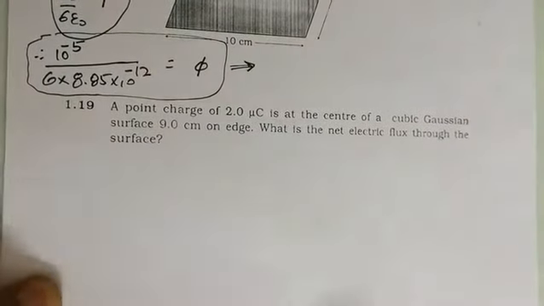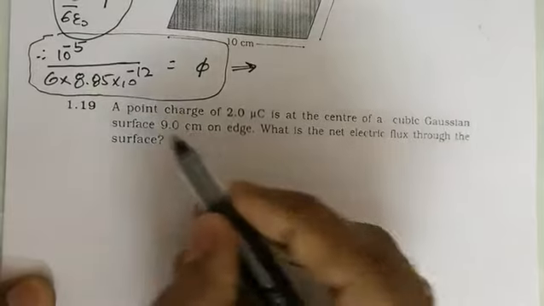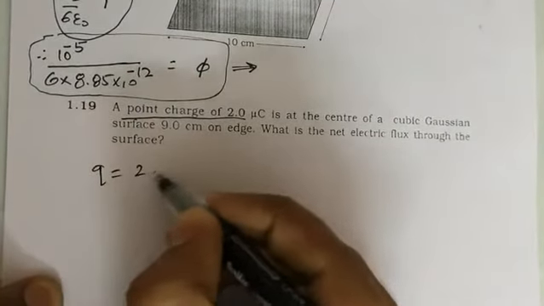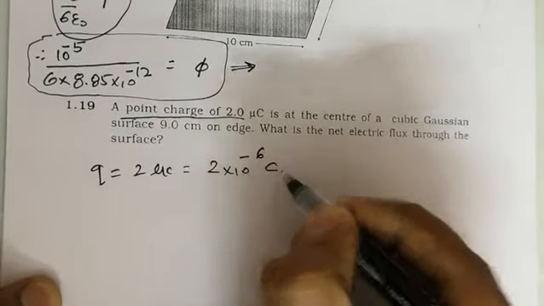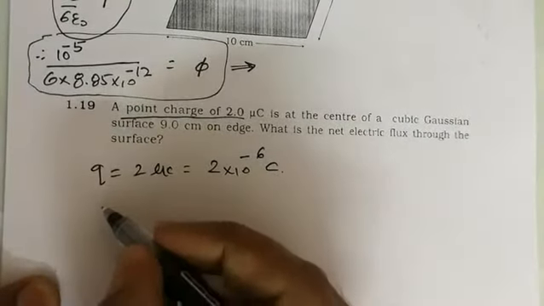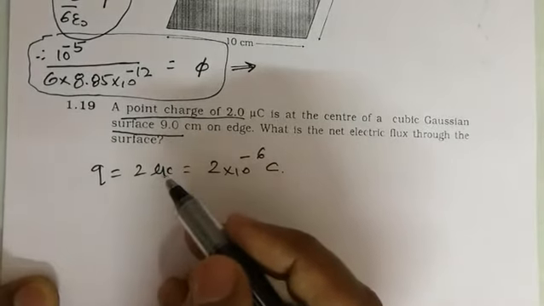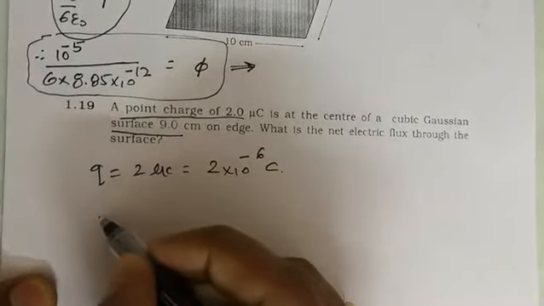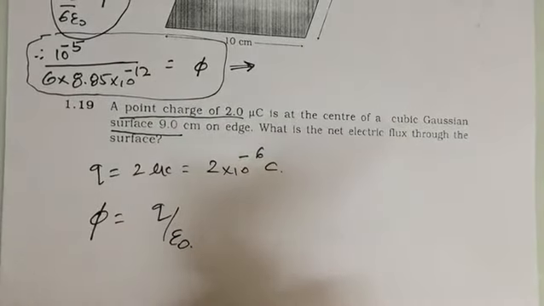1.19. This is the example which has been asked for the MCQs. A point charge, I can use Q equals 2 microcoulomb, 2 cross 10 to the power minus 6 coulombs. A surface which is having 9 centimeter on the edge. Apart from that, we have to find it out. Flux would be what? Okay, flux phi equals Q by epsilon 0.